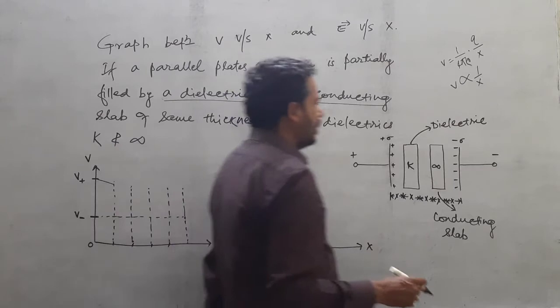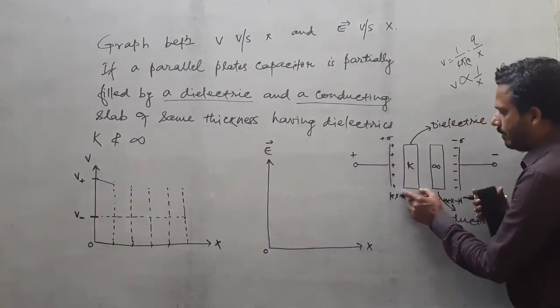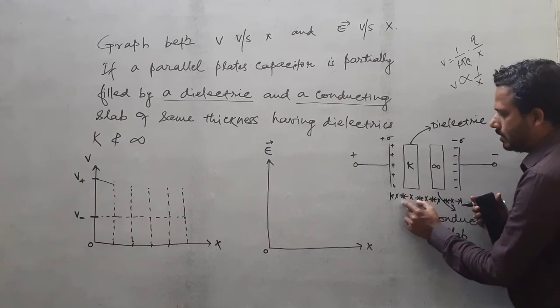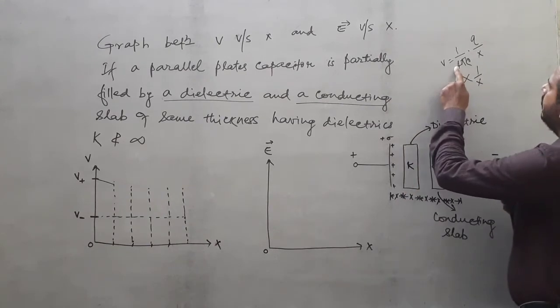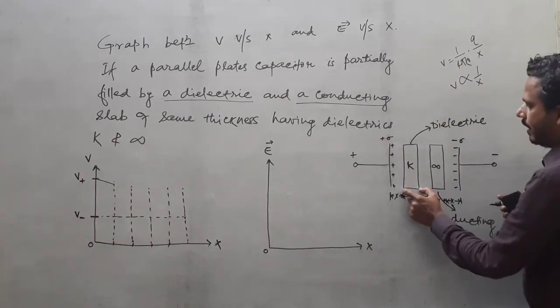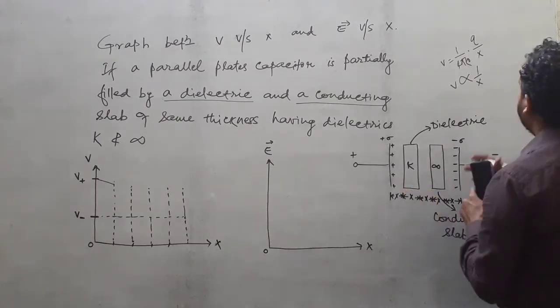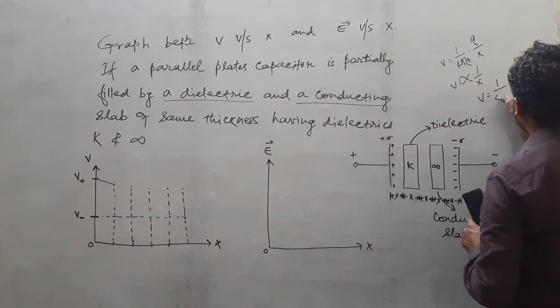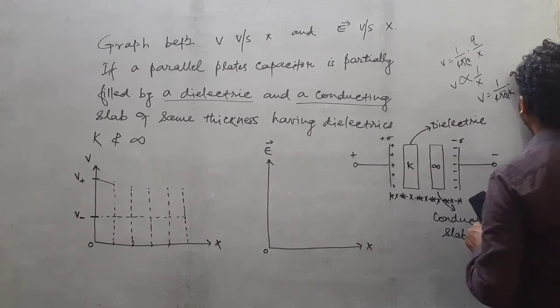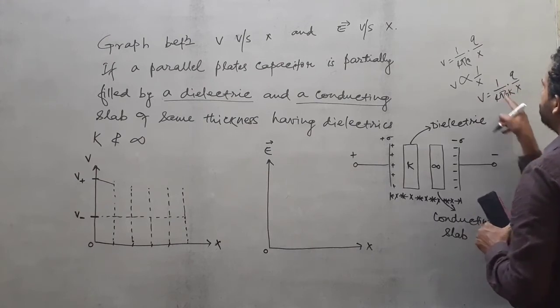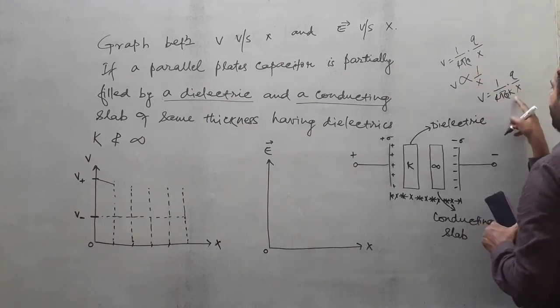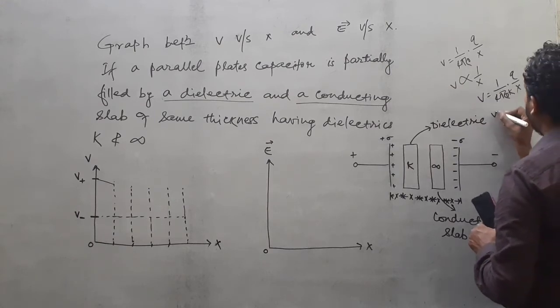But what happens when you want to find the potential inside the dielectric of separation x? Inside this dielectric, V is equal to 1 by 4 pi epsilon naught, with a K, and then q by x. The separation is the same, 1 by 4 pi epsilon naught is constant, but here there is a K. That means V varies inversely proportional to Kx.